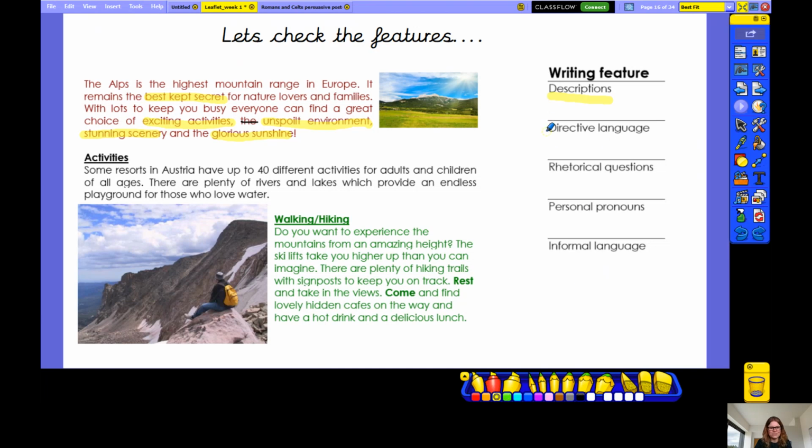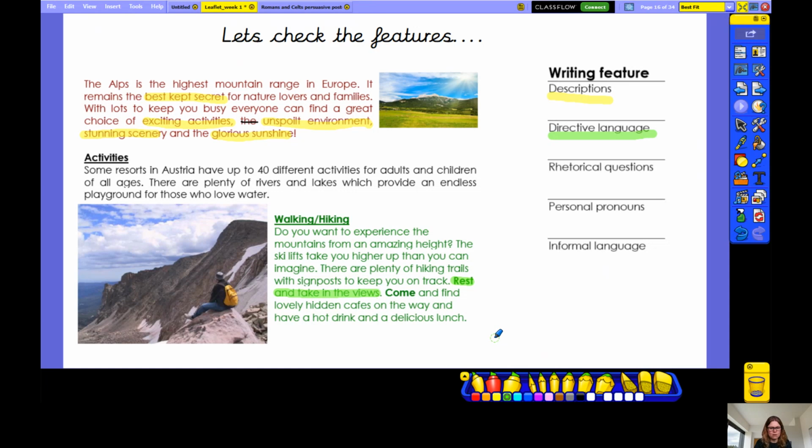Okay, let's go and see now if we can find any directive language. This is the bossy language that I was talking about, you know, the language that teachers like to use. Let's go for green this time. Okay, any bossy language. Let's have a look. Now I'm looking at this paragraph here and I can see here, rest and take in the views.